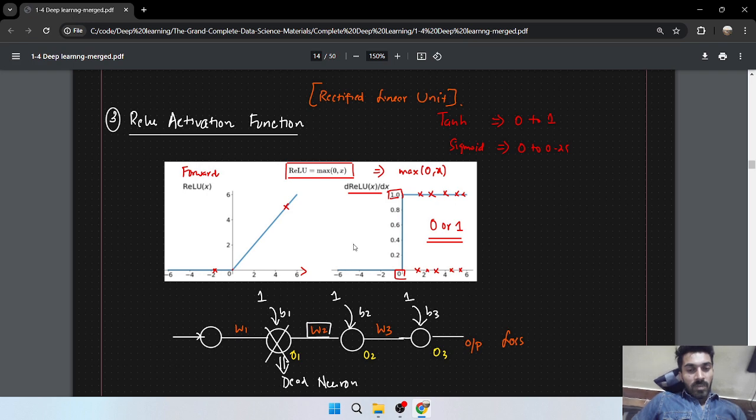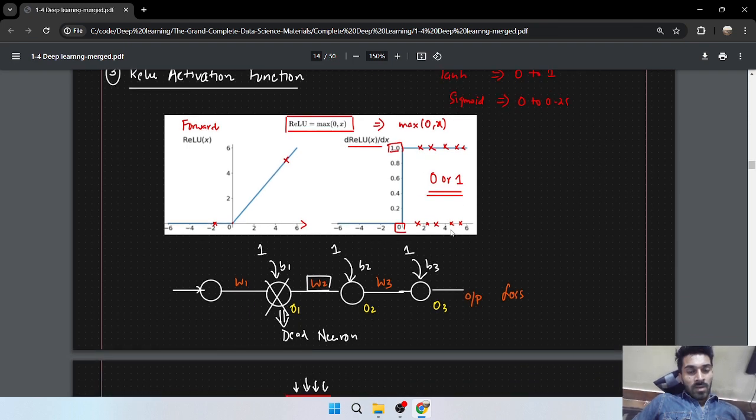And if you apply a derivative on the ReLU activation function, the derivative of x is equal to 1, so it will be 0 or 1 basically. If the value is greater than 0, it will be 1.